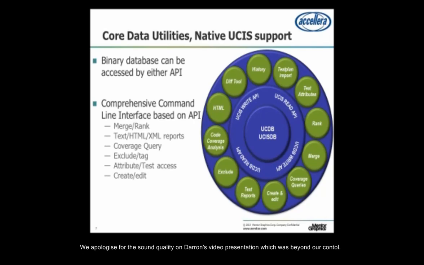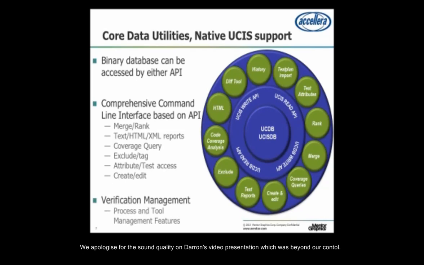And what we have is a whole bunch of CLI or command line interface tools that sit around our database that have been written on top of that API that are ready for you to use to rank and merge and do HTML reporting, text reporting, talk to the test analysis or test record structures in the database, and even do some editing and creation directly from the command line.